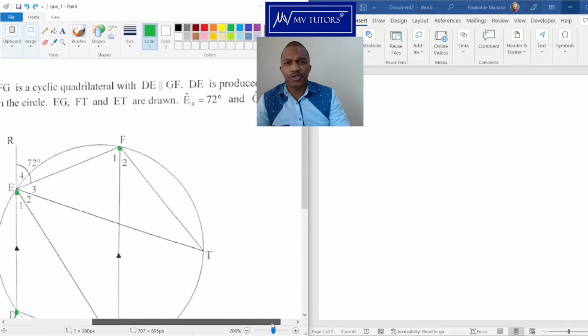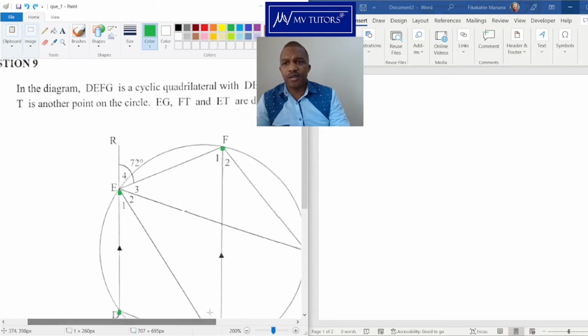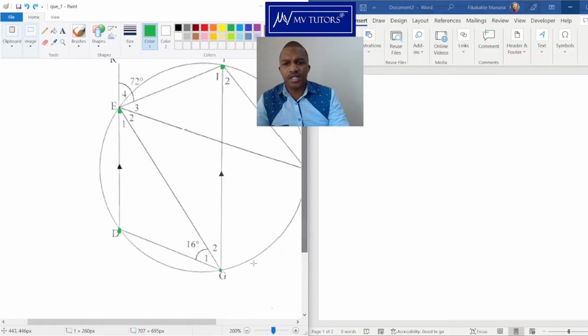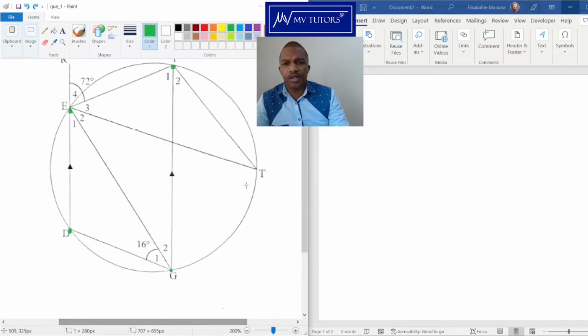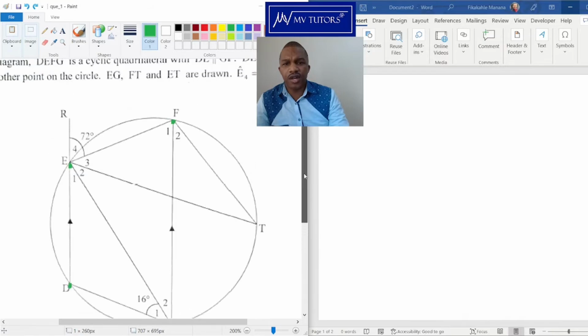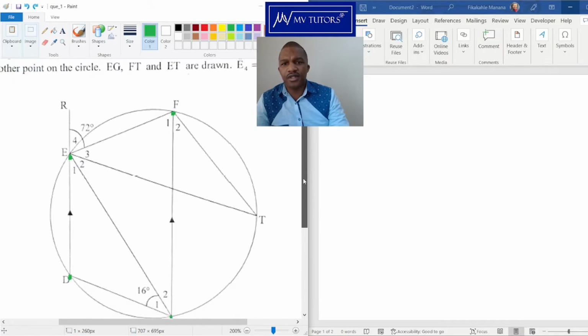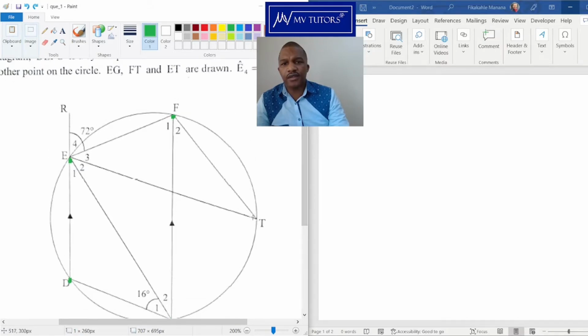Okay, it's produced to R, and then they say T is a point on the circle. Let's go look for T. Where is T? Okay, it's a point on the circle, the circumference. So if it's a point, that means we can establish that this angle is equal to this one because they're subtended from the same chord, which is EF.